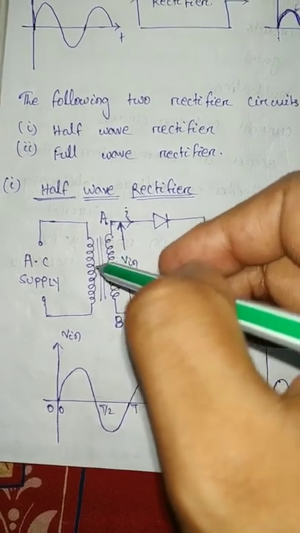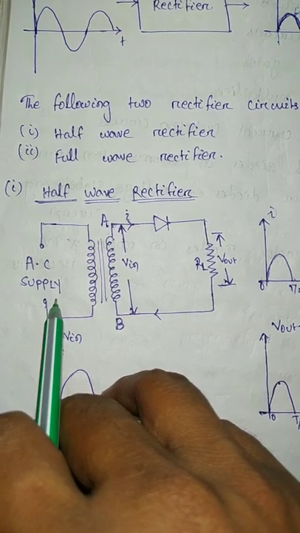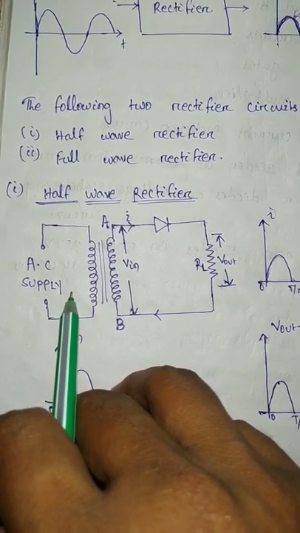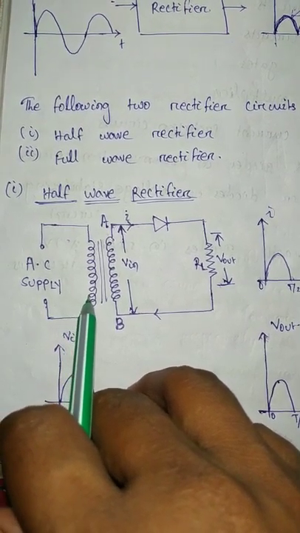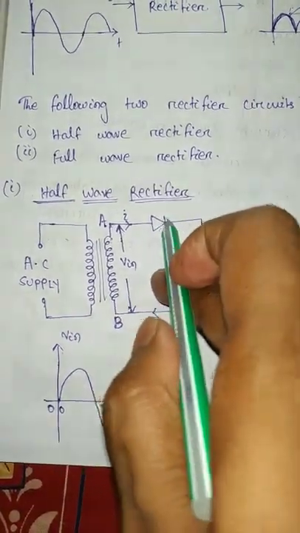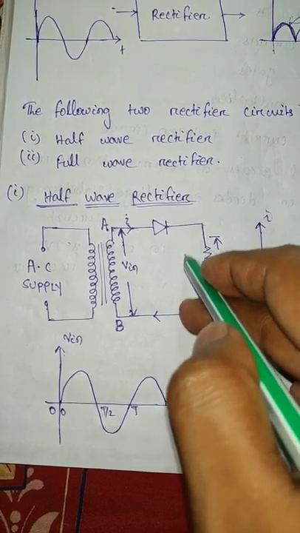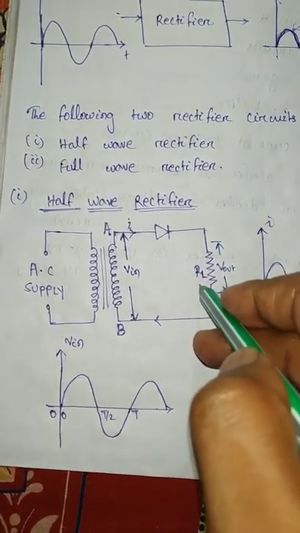The AC supply to be rectified is applied in series with the diode and the load resistance RL, where the output is collected.